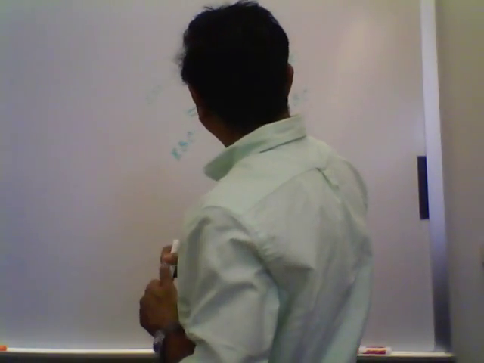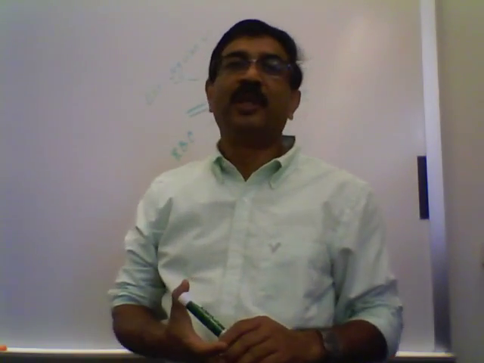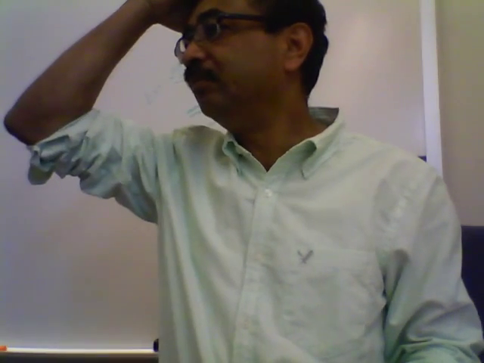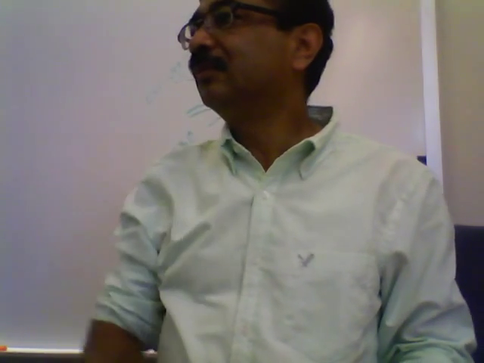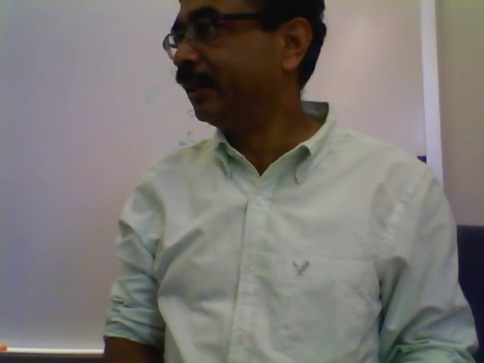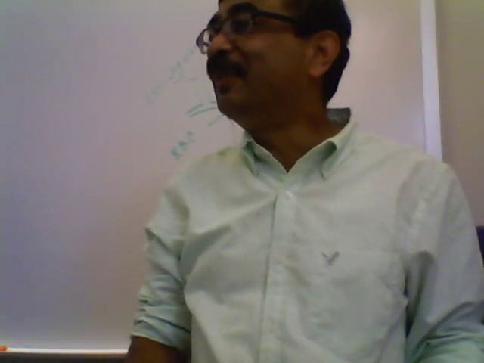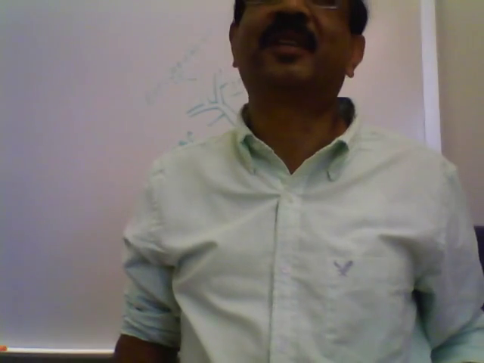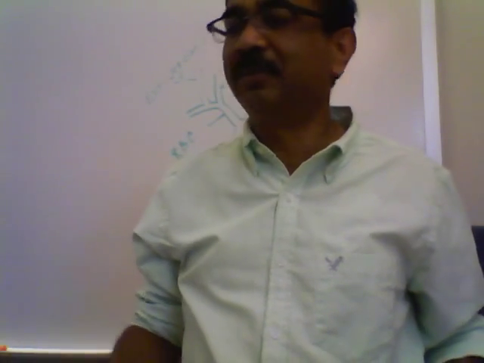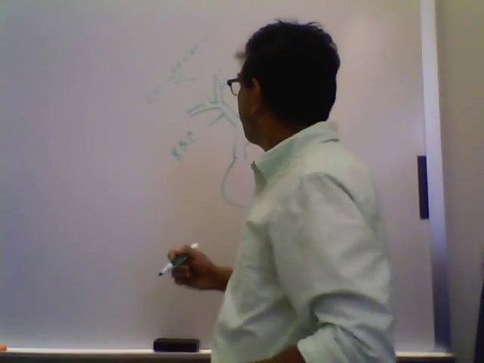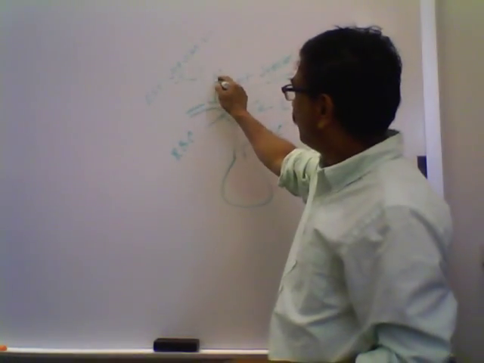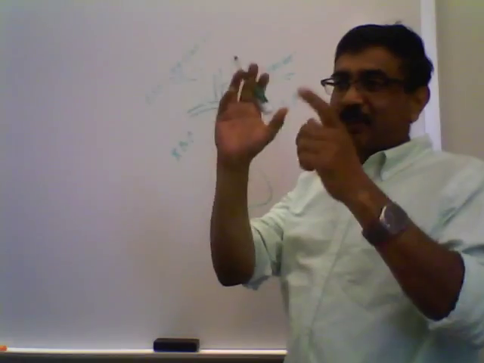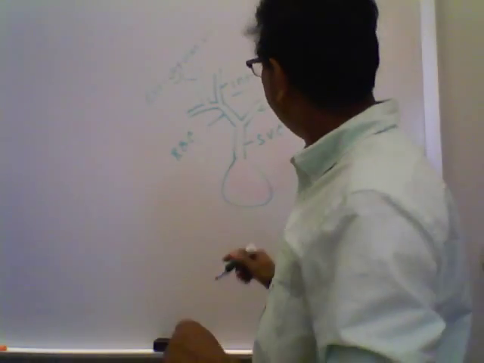Now you tell me which one will receive deoxygenated blood from the internal part of the head. Internal jugular. It's like internal carotid. Which one will receive deoxygenated blood from the outer part of the head? External. Make sense? This is very reasonable. Okay. So that's why you have two. They're actually similar to internal and external carotids. Okay.